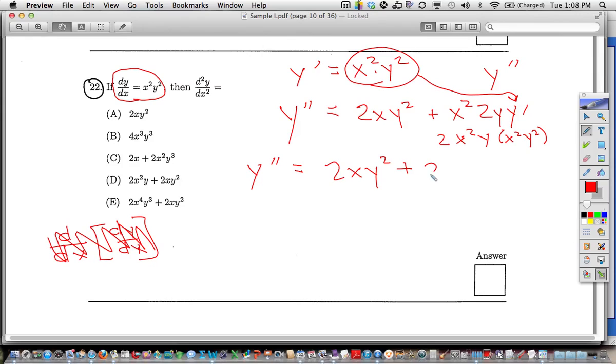So that would be 2x to the 4th, y to the 3rd, which is this value, just in a different area. Okay? So that's just an implicit differentiation example with the product rule, and then with that twist where you have to take the y prime and substitute it in different areas.